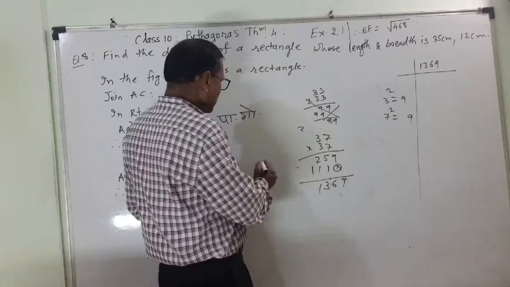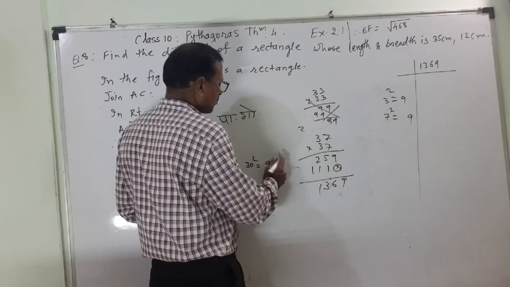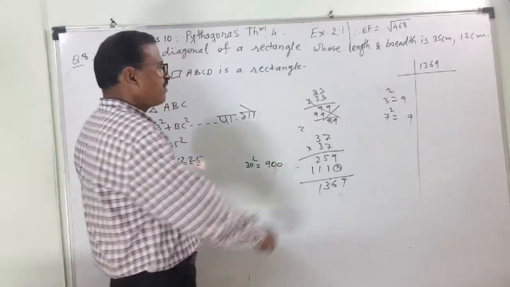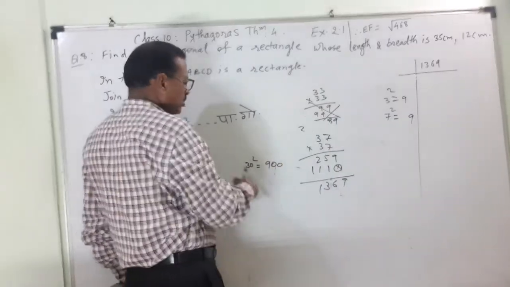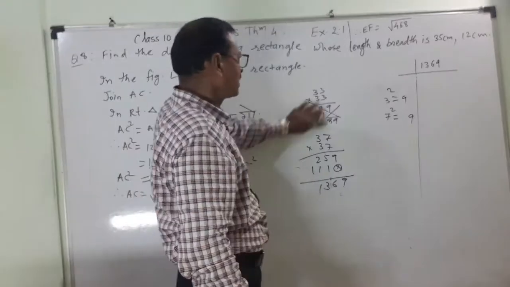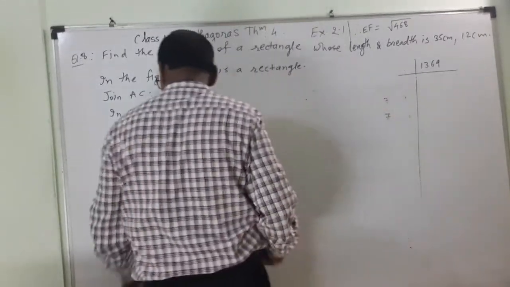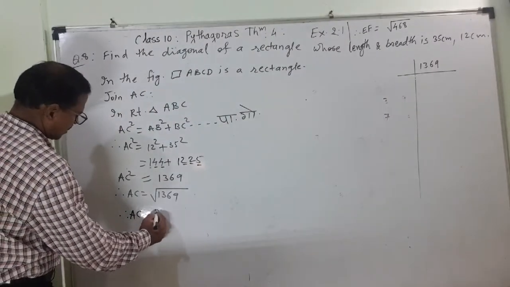Now 30 square is equal to 900, so definitely this number is bigger than 30 square. So either 33 or 37, and we got the answer 37. Therefore, AC is equal to 37.